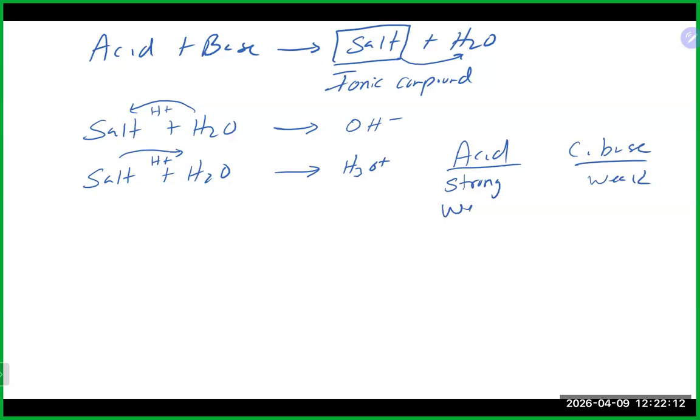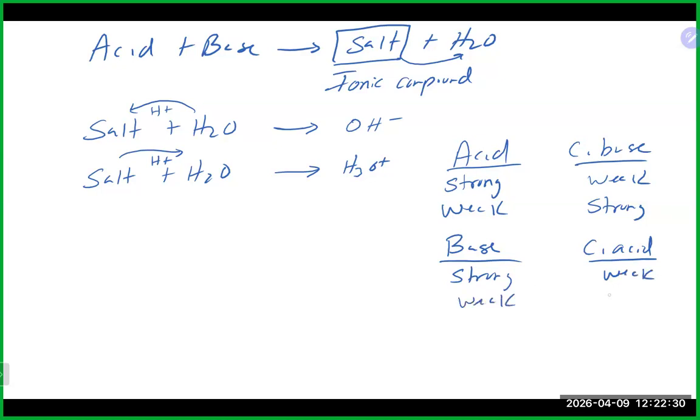And if you have a weak acid, its conjugate base is going to be relatively strong. The same thing happens for your base and the conjugate acid relationship. If you have a strong base, its conjugate partner is going to be relatively weak. And if you have a weak base, its conjugate partner is going to be relatively strong.